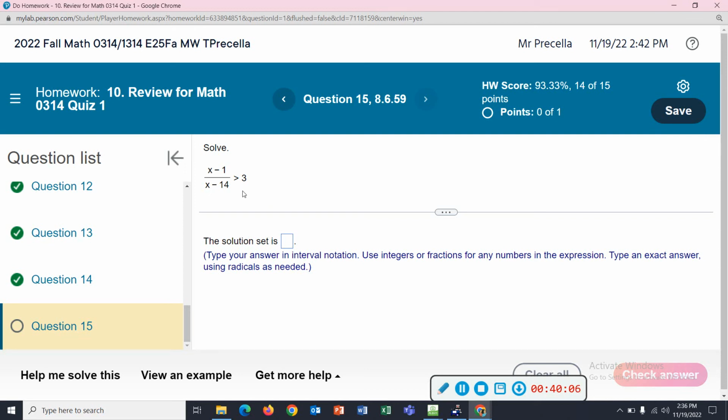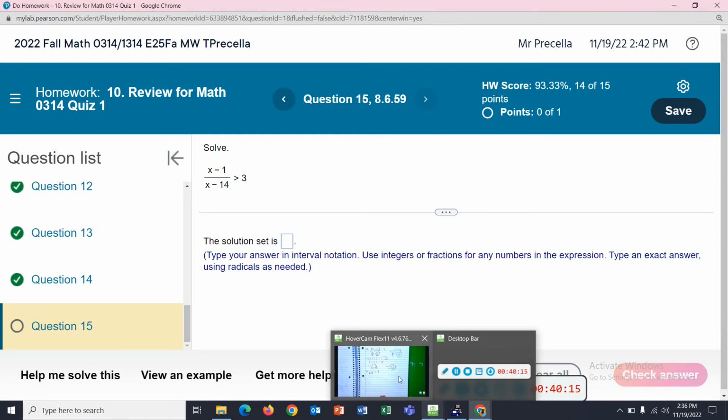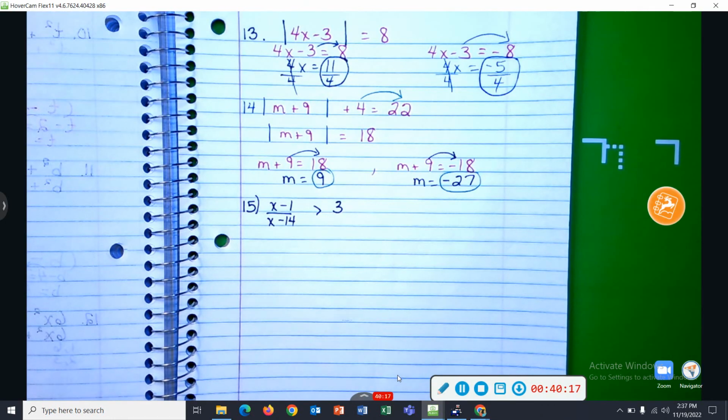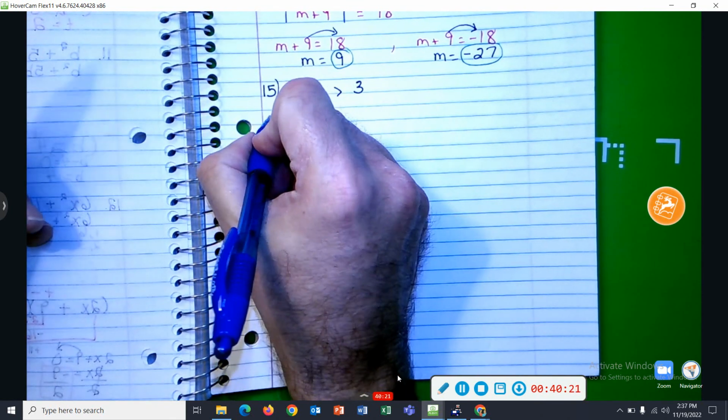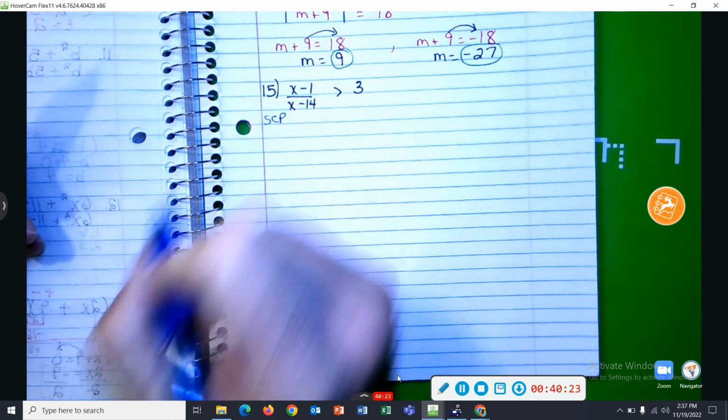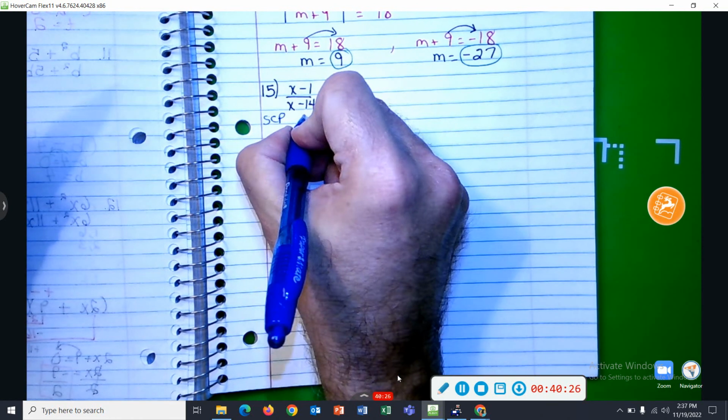To solve something that has a less than or a greater than symbol in it, you're going to be using what we call the cut point method. So we'll start off finding the solution cut points. I'll abbreviate those SCP.